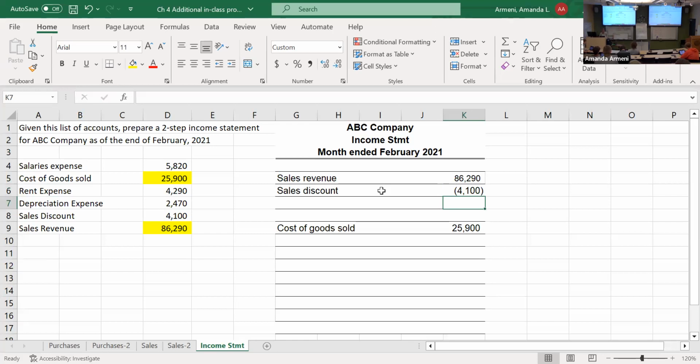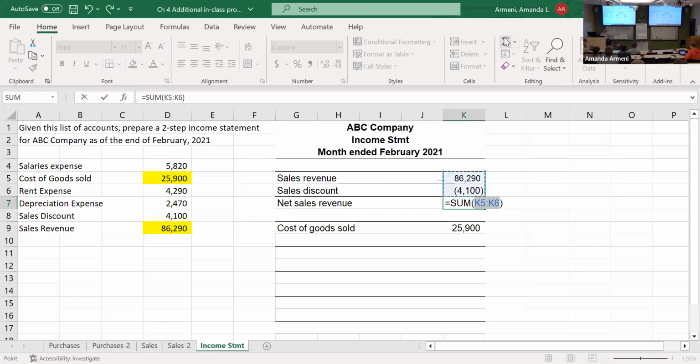Now, I wouldn't take off points if you don't do this. But what we would normally do before cost of goods sold is have a net sales revenue amount. And that net sales revenue amount would very simply be the sales minus the discount, 82,190.